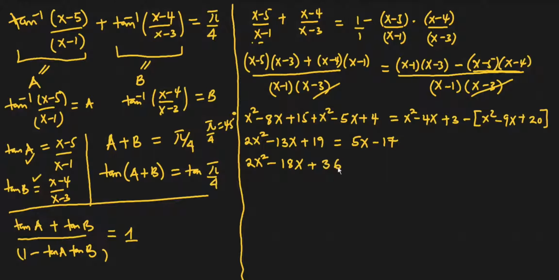So this is 36 and this is equal to 0. So if we divide throughout by 2 to reduce, this means that the equation becomes x squared minus 9x, then plus 18. So this is equal to 0.